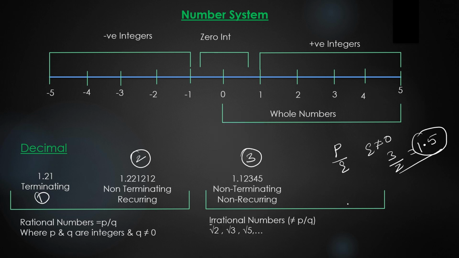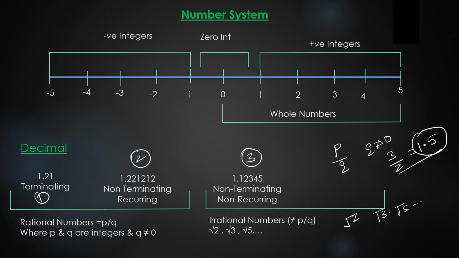What are examples of irrational numbers? Root 2, root 3, root 5, and so on. This is about the number system.